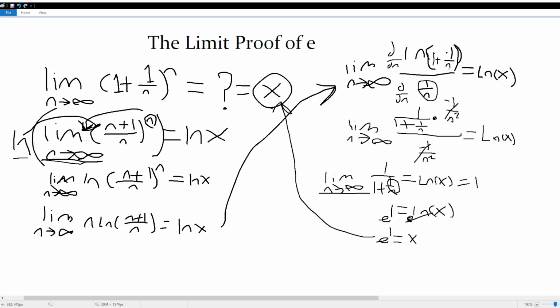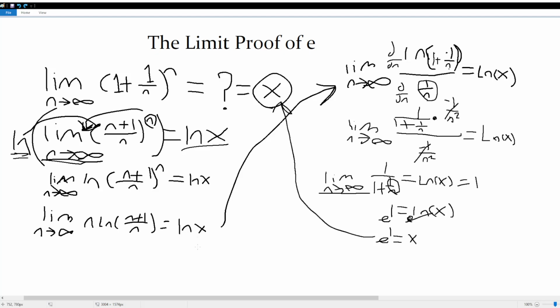Regardless, the limit of that would still be this, right? So even if the ln of this was on the outside, it'd be the same thing as if it was on the inside. So the limit doesn't really depend on where this ln is, but it helps you a lot to put it right there. So that was my line of reasoning.